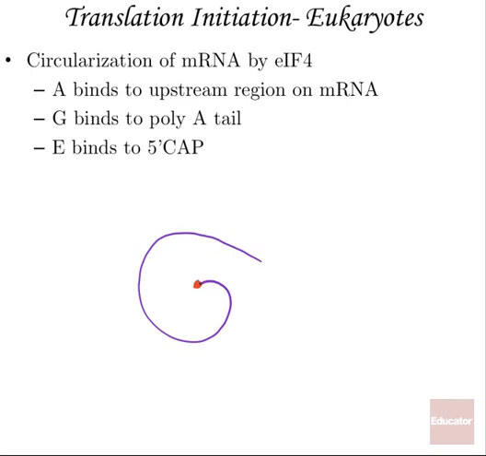So let's say here is A. Okay? EIF4G binds to the poly A tail, okay, via hydrogen bonding. And EIF4E binds to the 5' cap.